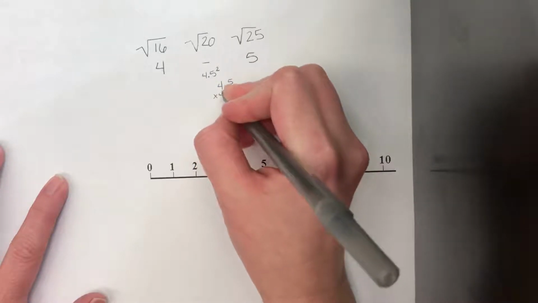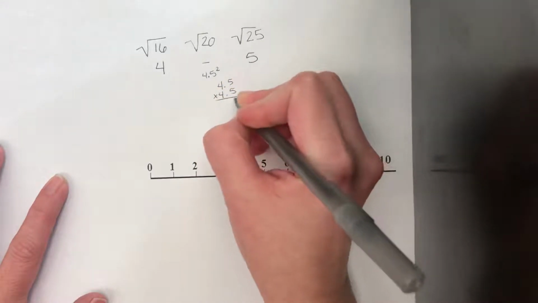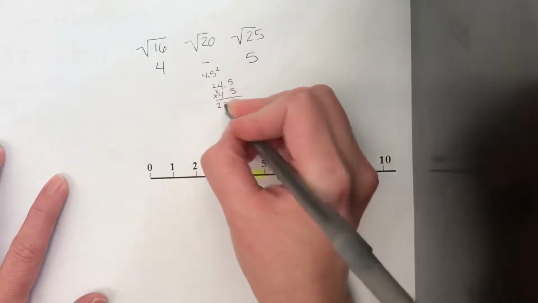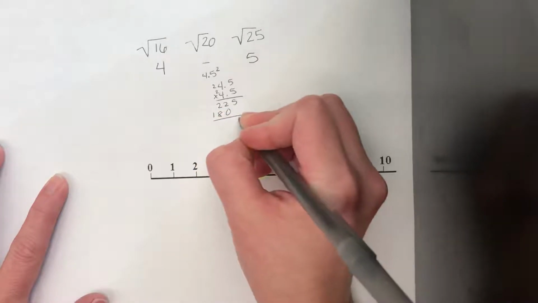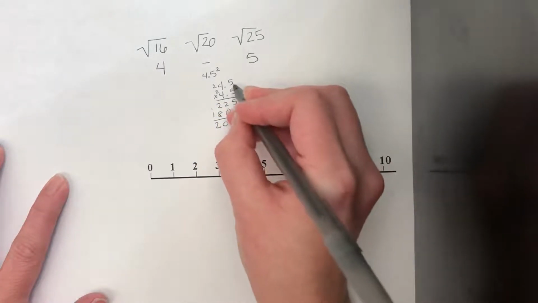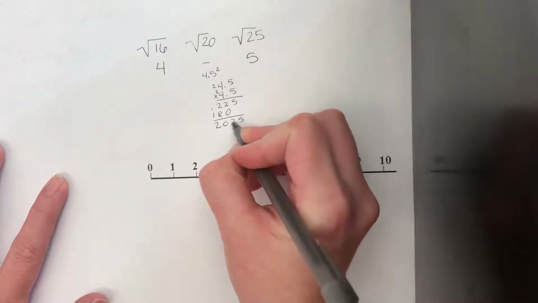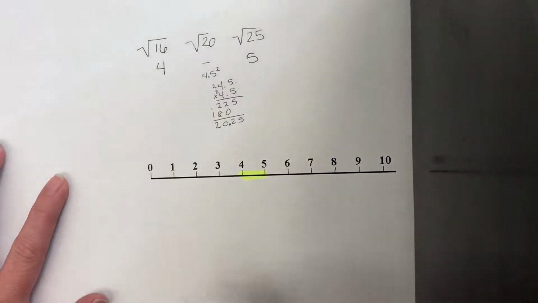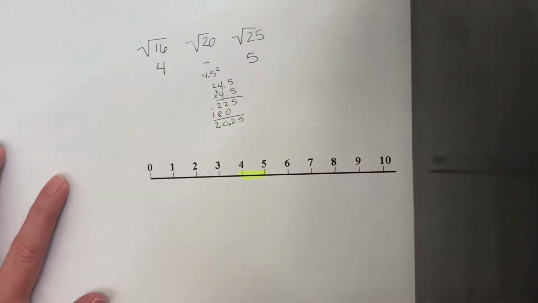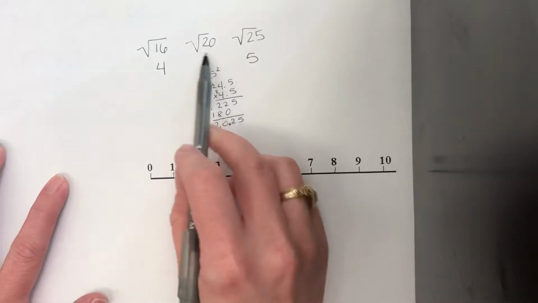So 4.5 times 4.5. There are two numbers behind the decimal, so I'm going to put two numbers behind the decimal in my answer. Okay, so 20.25.